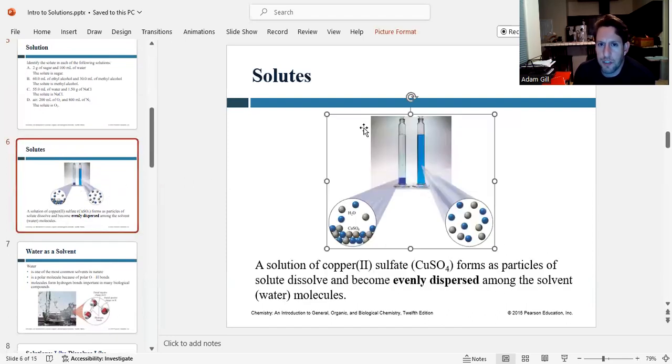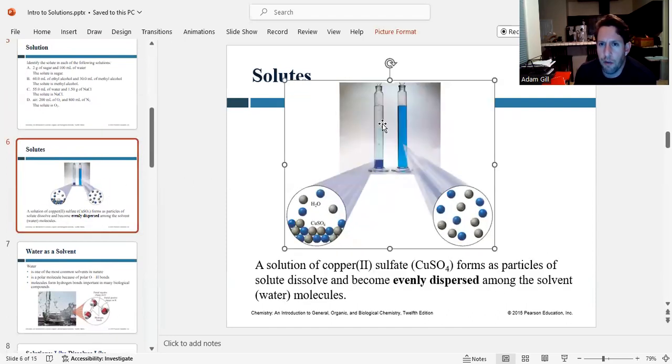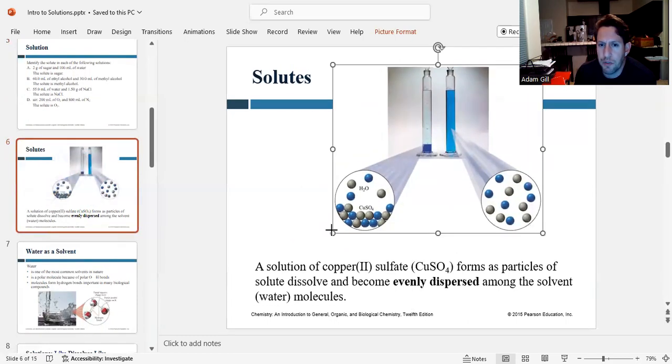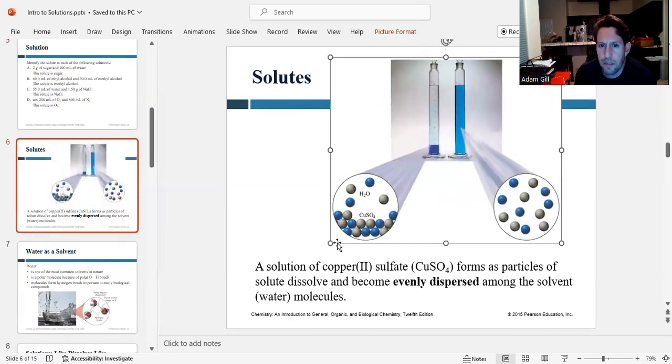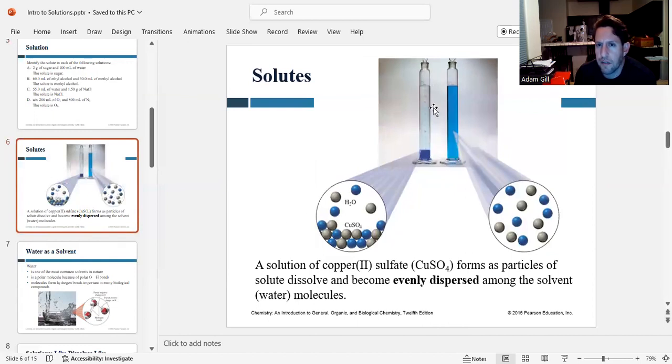So this picture is just showing how particles become evenly dispersed when they are dissolved. And so on the left here is a graduated cylinder full of water, and there's some solid copper sulfate sitting at the bottom. And if you let it sit for a long enough time, the copper sulfate will dissolve into the water, and it will become evenly spread throughout the entire volume of the liquid.